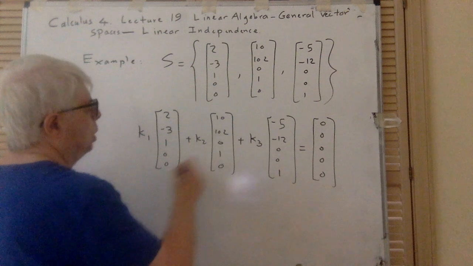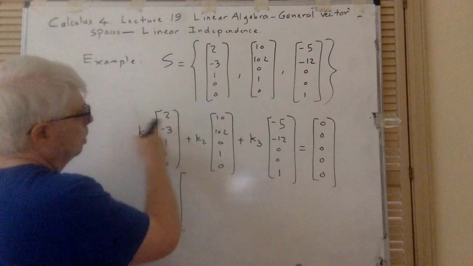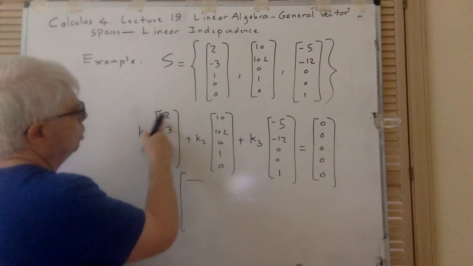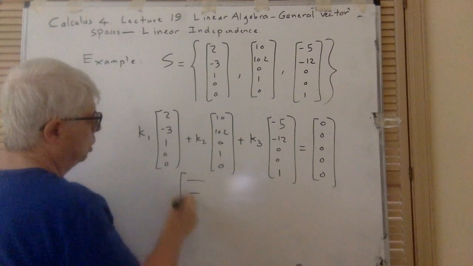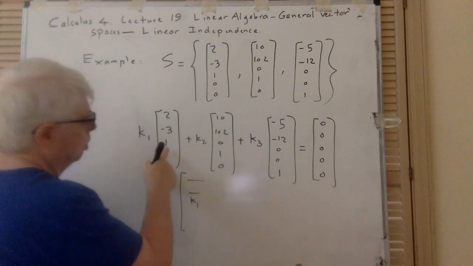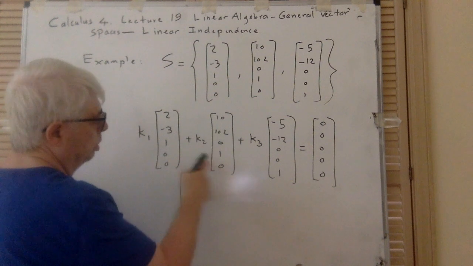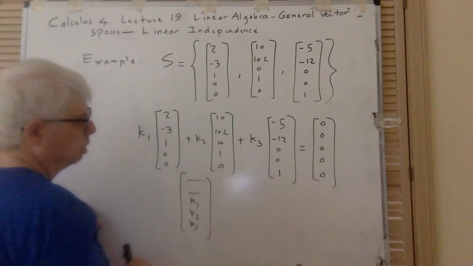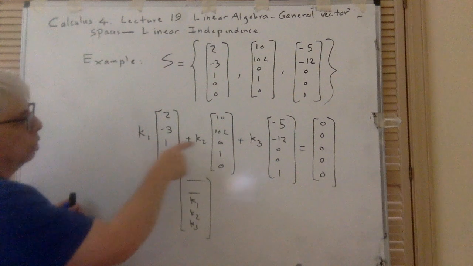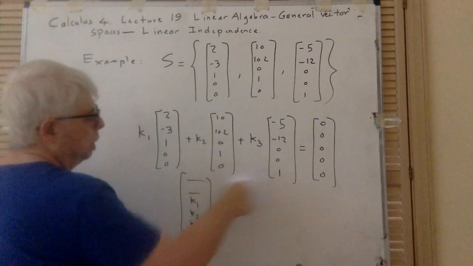So let's put them together. I don't care about the first two rows, this is 2K1, 10K2, and so on. But the third is K1 plus 0 plus 0. Then it is 0 plus K2 plus 0, then it is K3. Let's look: this is K1, 0, 0, 0, K2, 0, 0, 0, K3.